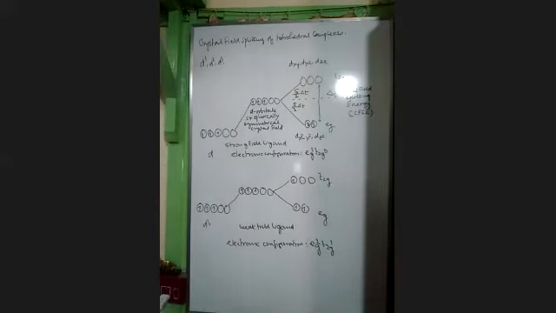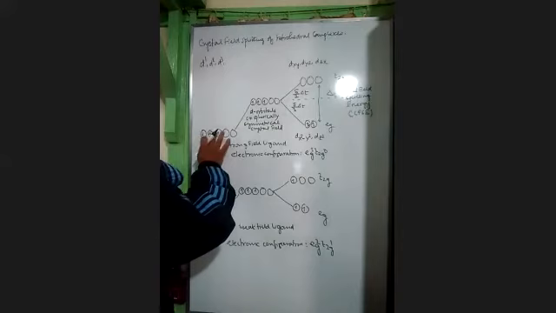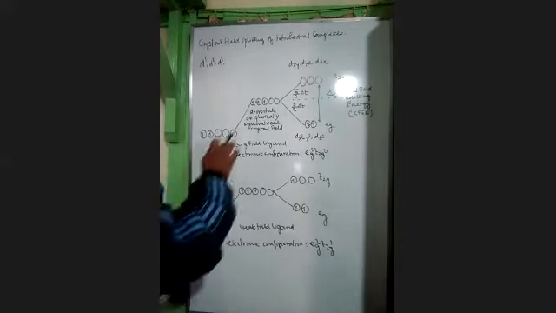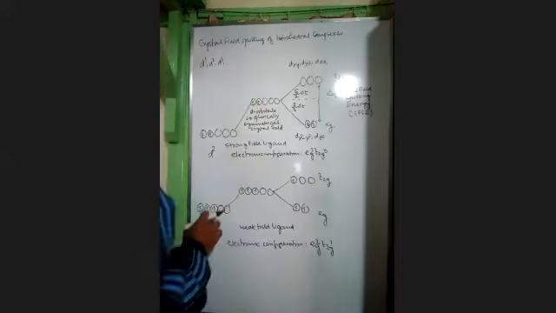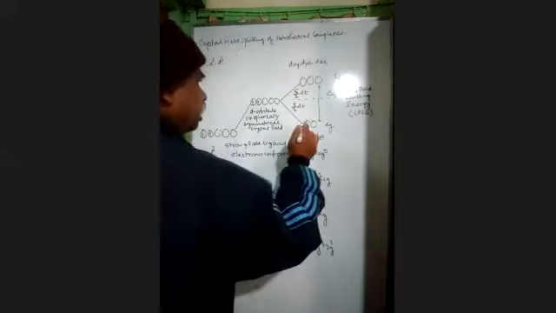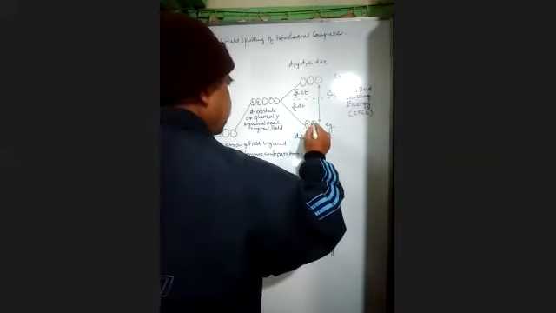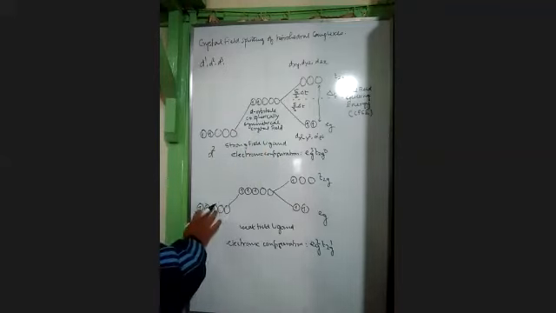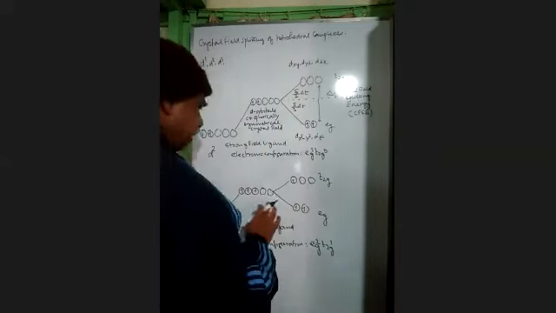I'm still confused. See, D2 means how many? 1, 2. See, it can tell more. So it will go here. So whether it is a weak field ligand or strong field ligand, it is the same, because there will not be any pairing.